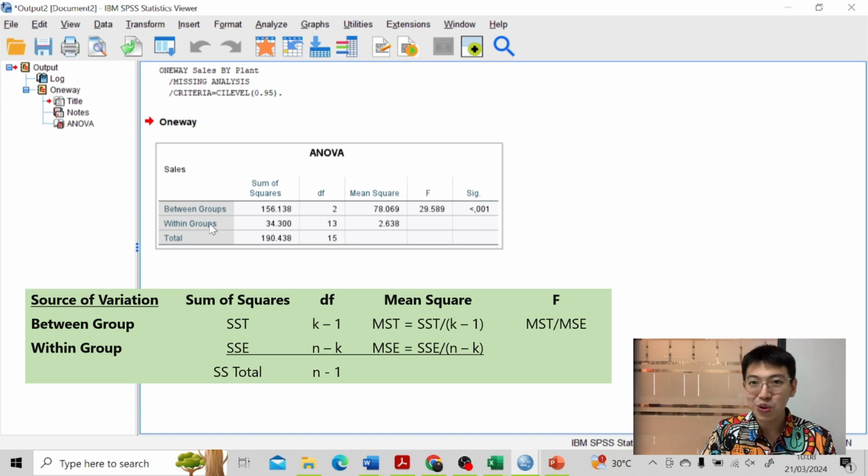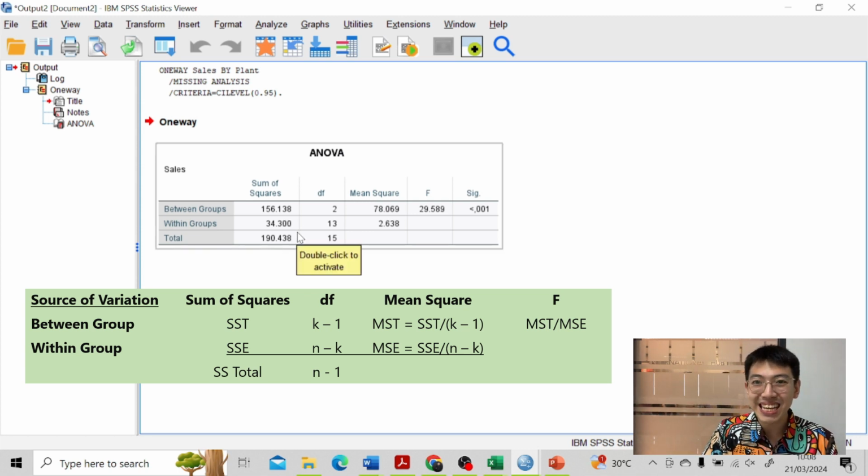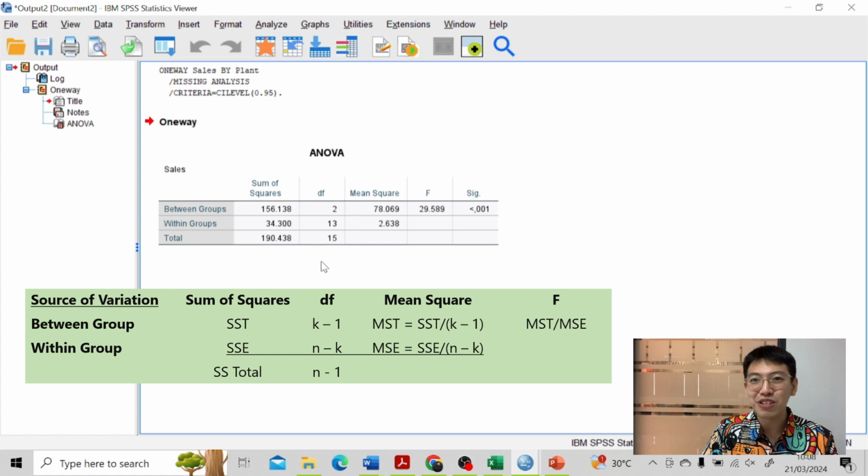For within group, the DF will be the number of overall samples minus the number of groups. So we have 16 overall samples, the number of groups is 3, so the DF within group will be 16 minus 3, it is 13. While for the total degree of freedom is total overall samples minus 1, it means 16 minus 1, it is 15. Or you can also add 2 with 13, it will be 15.